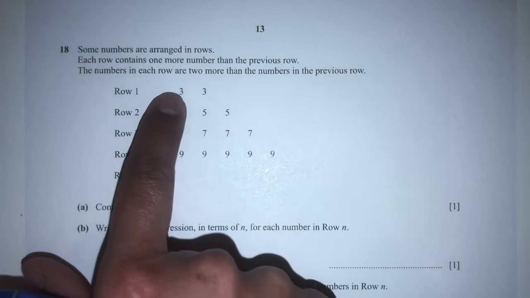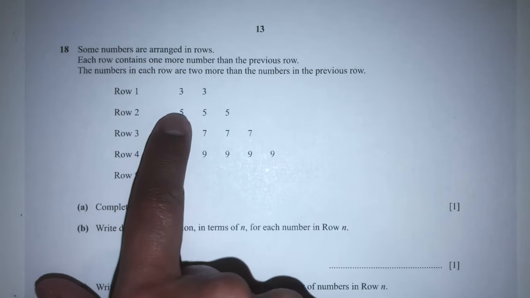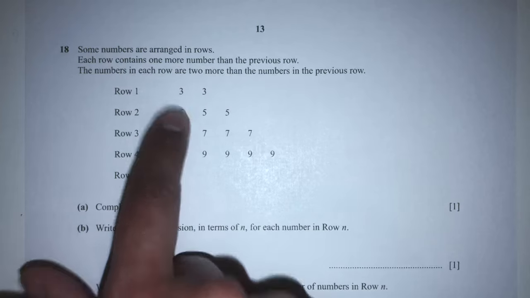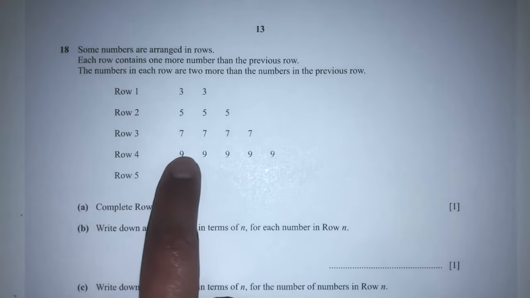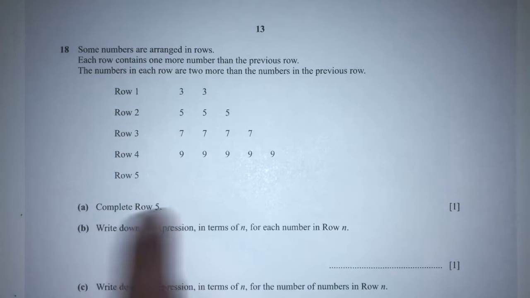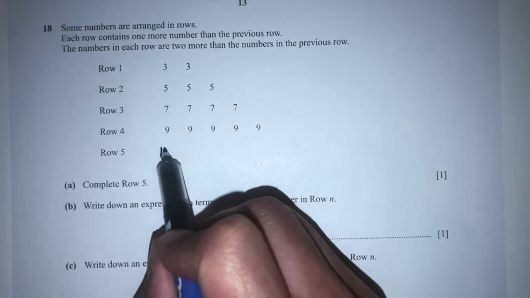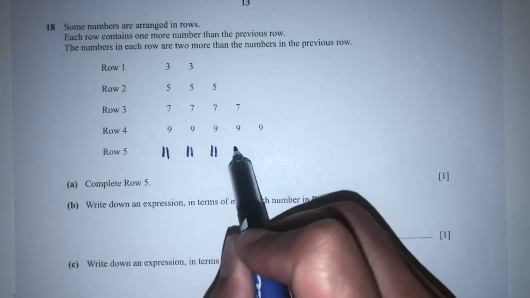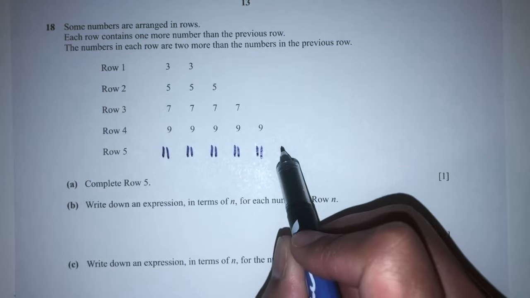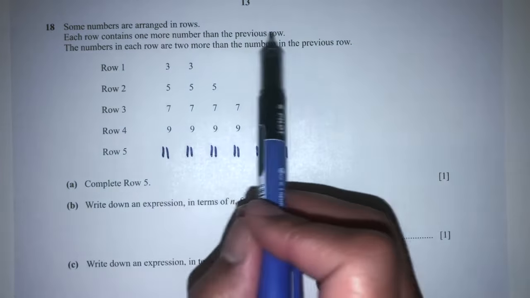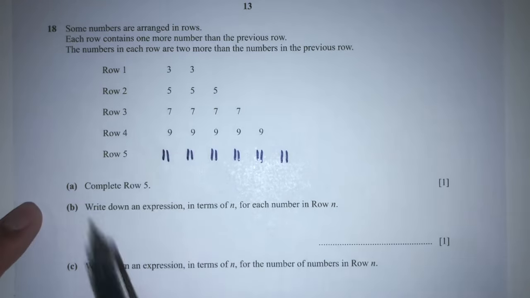If here we have 3, the next is 5, plus 2 is 7, plus 2 is 9, plus 2 is 11. So complete row 5: 11, 11, 11, 11, 11, but also one more 11 because of this condition. That will be part A.